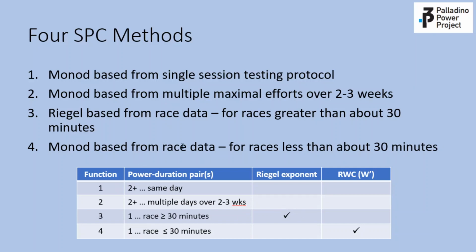The last one, the one that we're going to release in version 5, requires 1 power duration pair. That's the race duration for a race less than 30 minutes. So 5K race, 3K race, 1,500 meter race. It'll work for all of those.